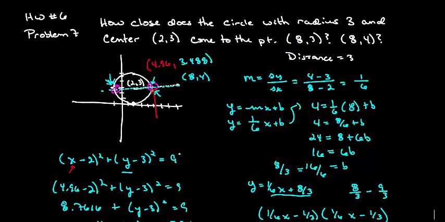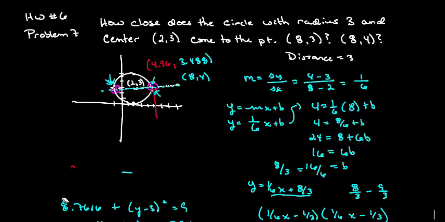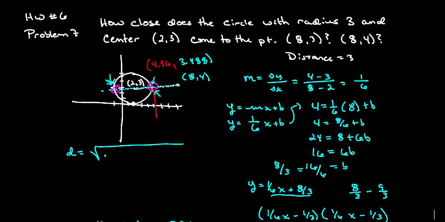Okay. Now we just have to find the distance between this guy and this guy. Okay, so let's go ahead and do that. The distance is equal to the square root of 8 minus 4.96 squared plus 4 minus 3.488 squared.